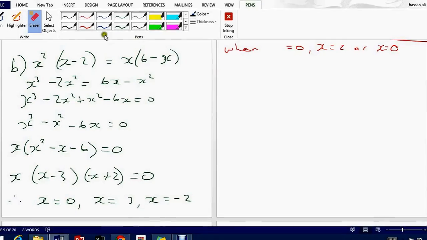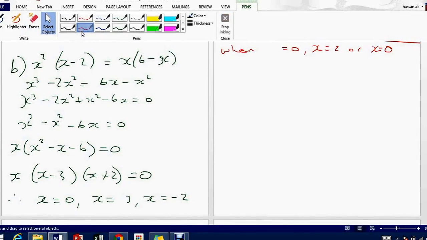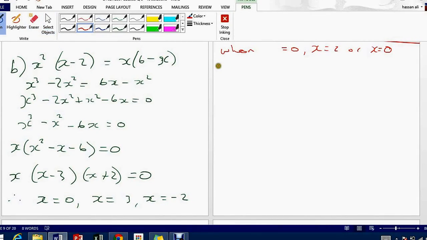Right, so continuing over here, let's go back to my red writing. We're almost there now, there's only a couple more minutes. It's asking to find the coordinates, so you just sub the values in. For example, I think this equation here will be easier to sub the values in.